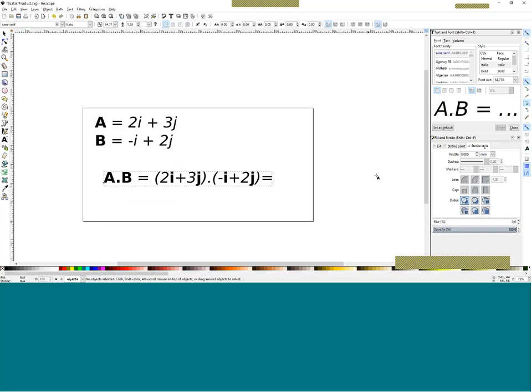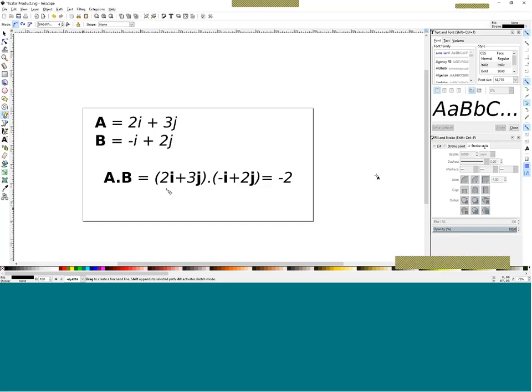2i times minus i is equal to minus 2. Just double checking, yes. The first way we do it, say for example, 2 times minus 1, and we look at the i's and say, okay, these two are in the same relative direction, and therefore i times i is 1, and 2 times minus 1 is minus 2, so the first component is minus 2.